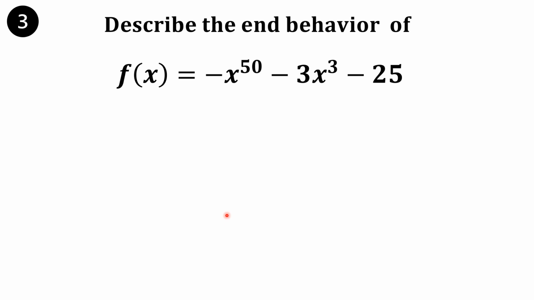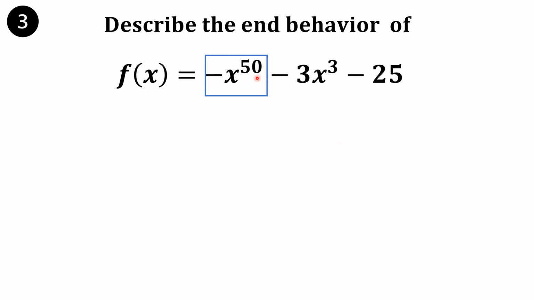Another example, describe the end behavior of f of x equals negative x raised to 50 minus 3x cubed minus 25. The leading term is negative x raised to 50.